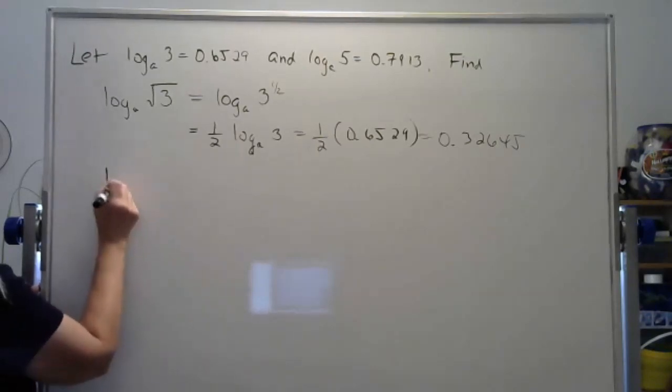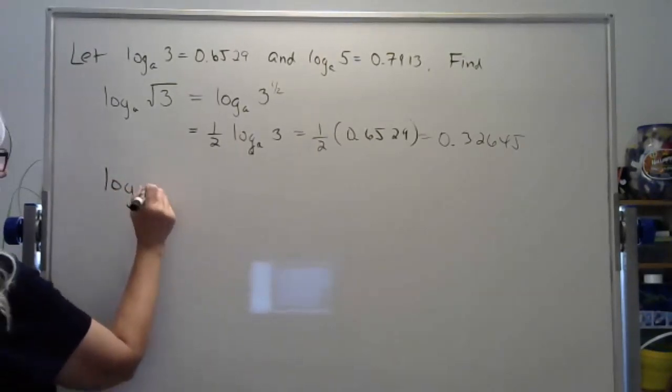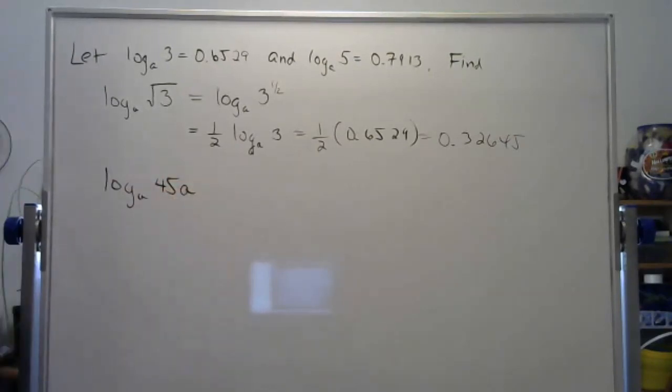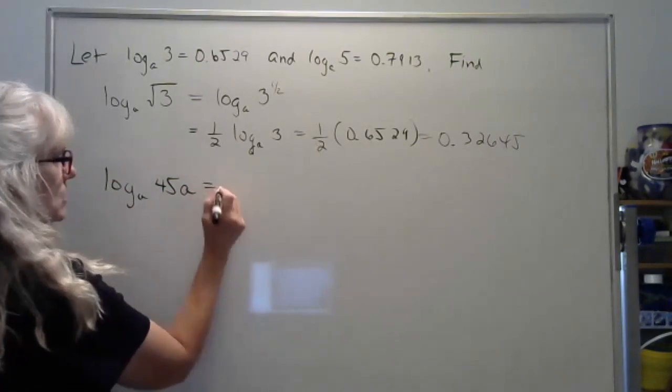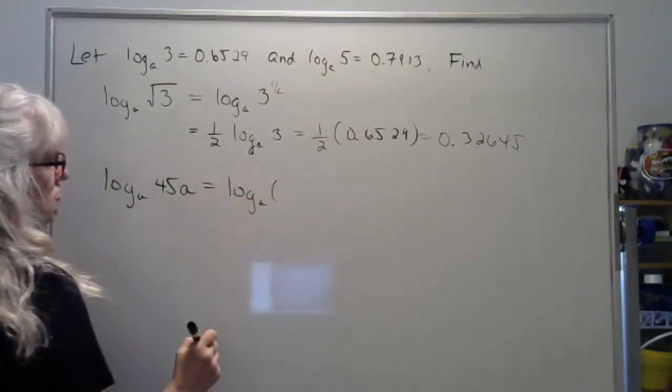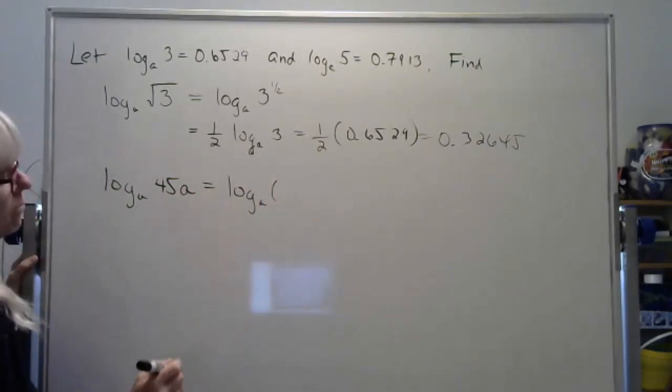Okay, last one. Let's do log base A of 45A. Okay, well, what do you want to do with your 45? So 45 is what times what? 15 times 3.